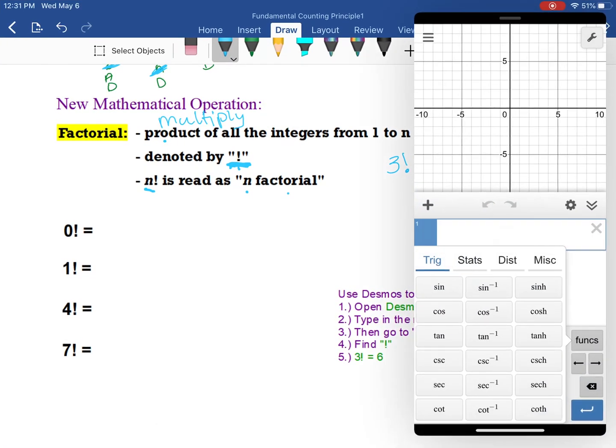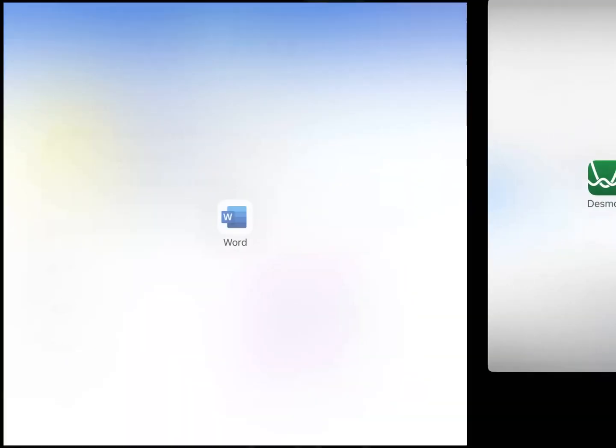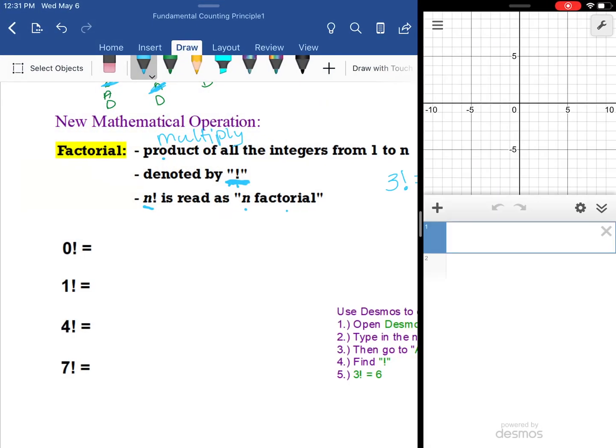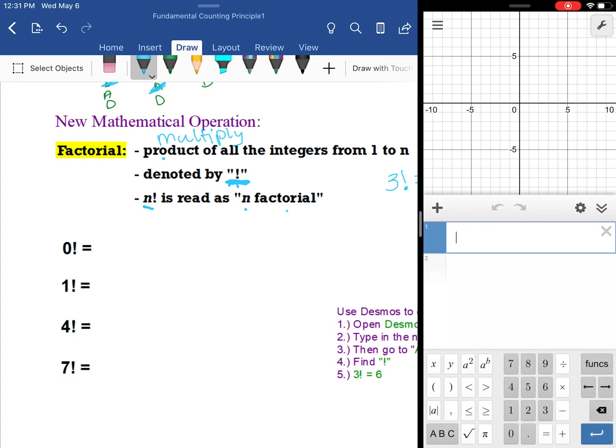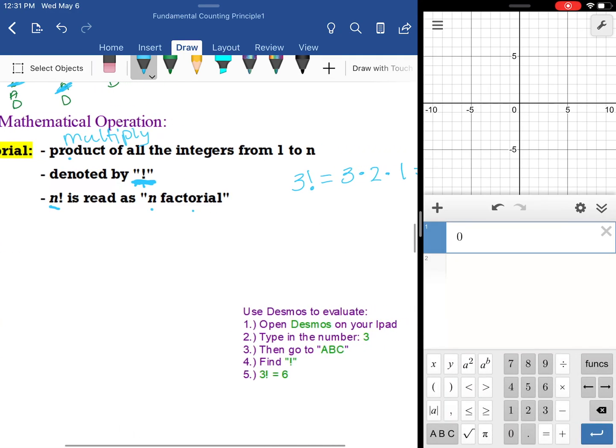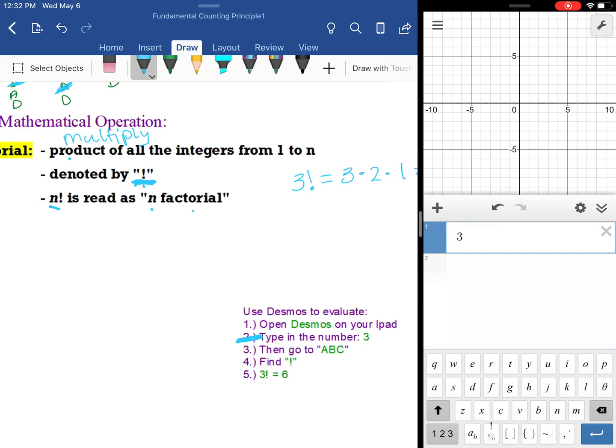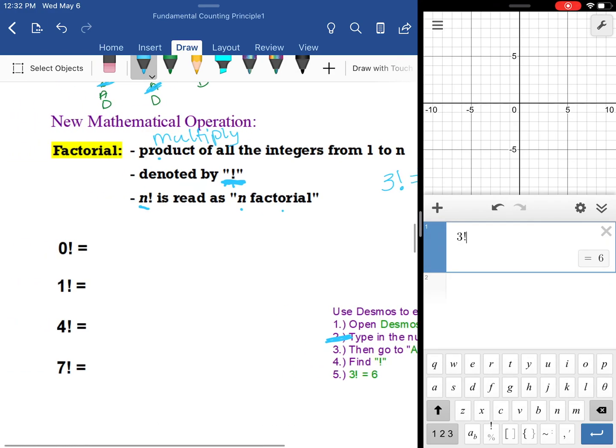All right, here we go. So, to do the factorial, looking at our directions, we open Desmos, and then we type in our number. So if we wanted to practice, we could type in 3. And then we go to ABC, and then we find the exclamation point or the factorial symbol. And look, our calculator tells us that our answer is 6, and that's what we want.